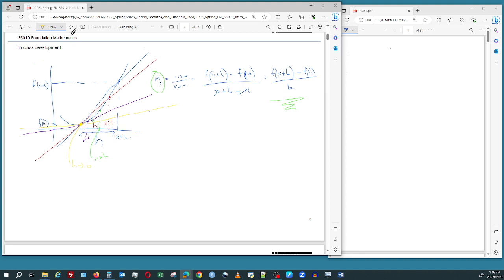Now wait a minute, there's a problem. H has become 0. For our orange one, we're dividing by 0. Undefined. This is no good.